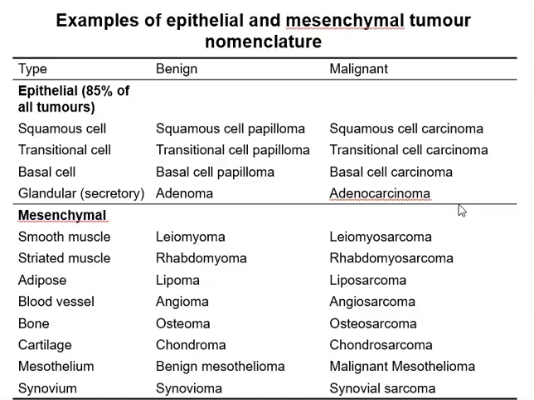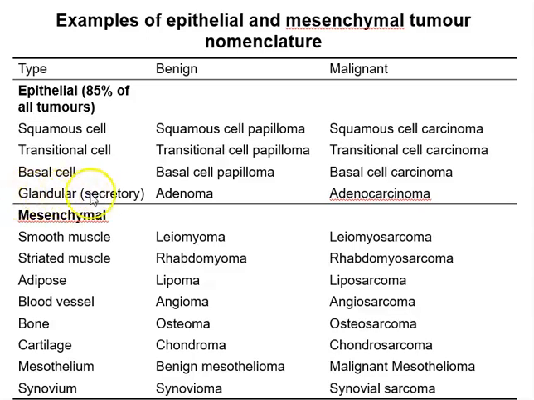Okay, so we've got some pretty big words on here, but there's a simple way of remembering what tumour names are. So we've got epithelial tumours, which is 85% of all tumours, and they are named based upon what type of epithelial cell they originally come from. So we've got squamous cell, transitional cells, you find these in the bladder, basal cells, you find these in all tissues, and then you've got your glandular secretory epithelium.